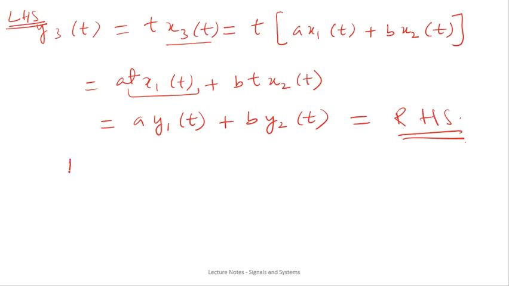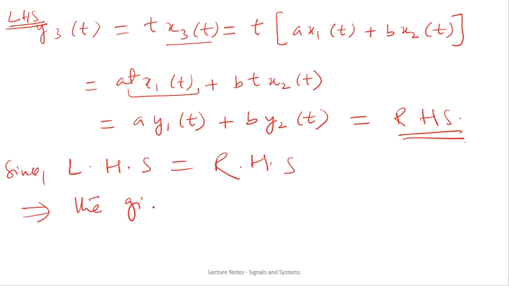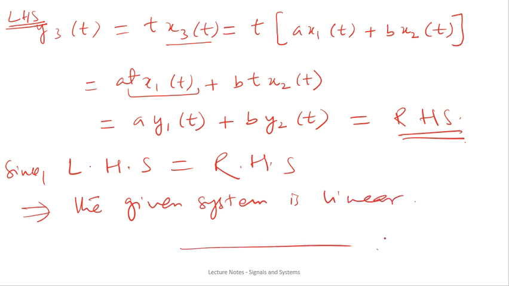Now it is very easy: since the left hand side is equal to the right hand side of this equation, this means that the given system is linear. Okay, so this is how it will be solved.